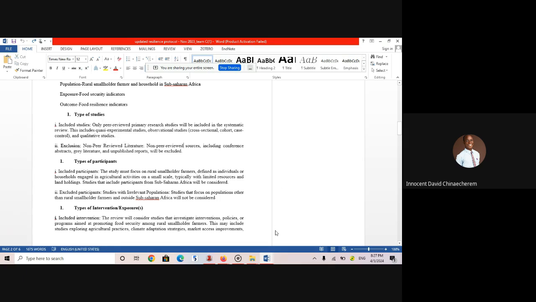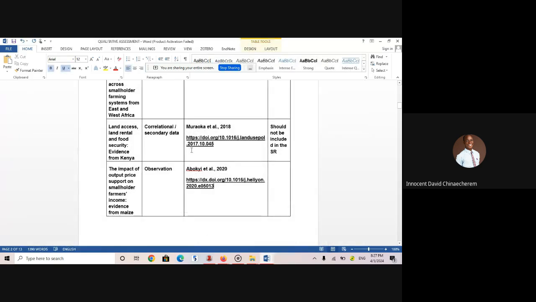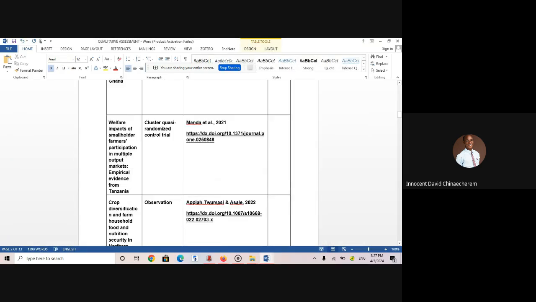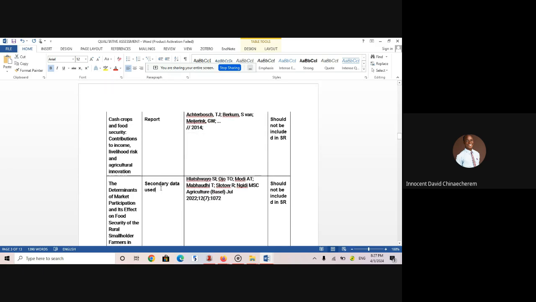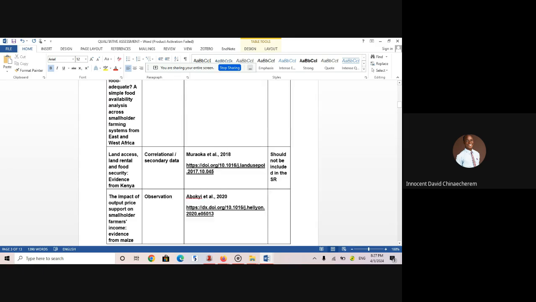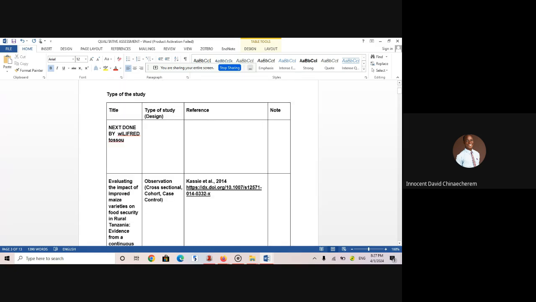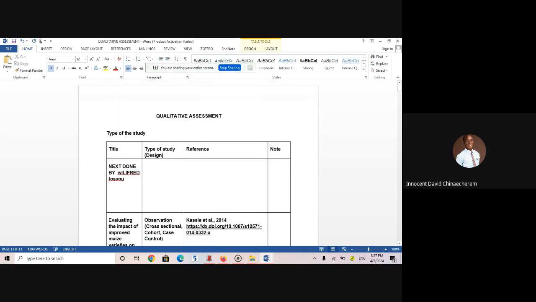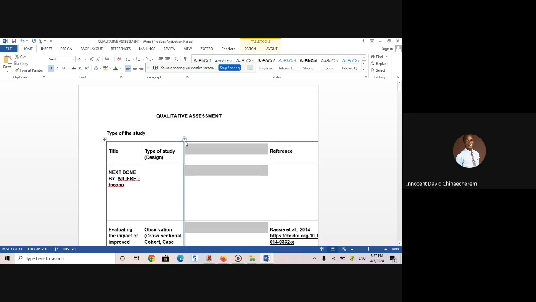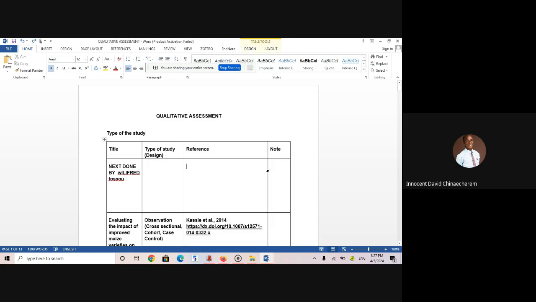Now, when you look at this, you see that we are getting it wrong by including secondary data. So the first thing we need to do is revisit our 60 studies, break this down, and further classify them into design.